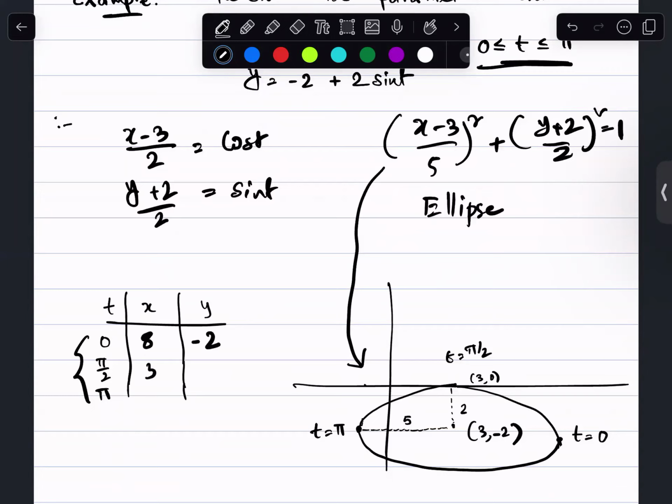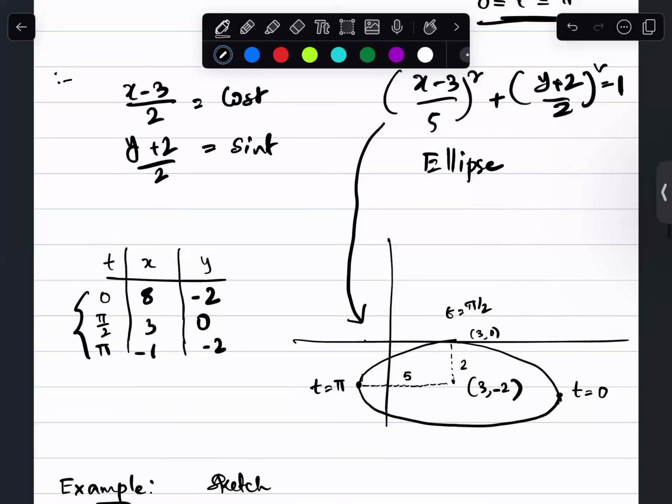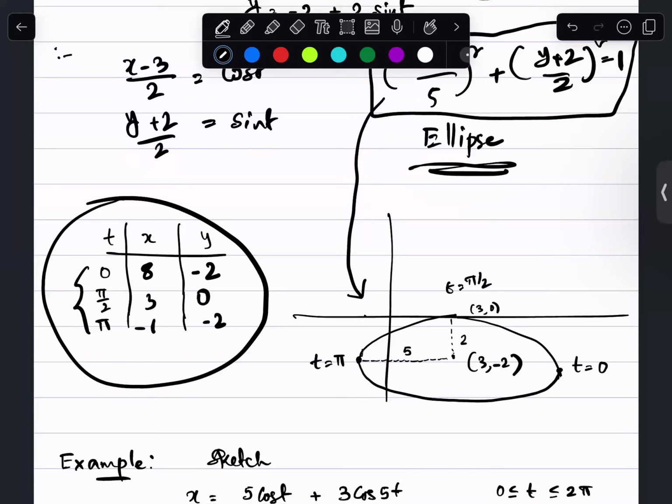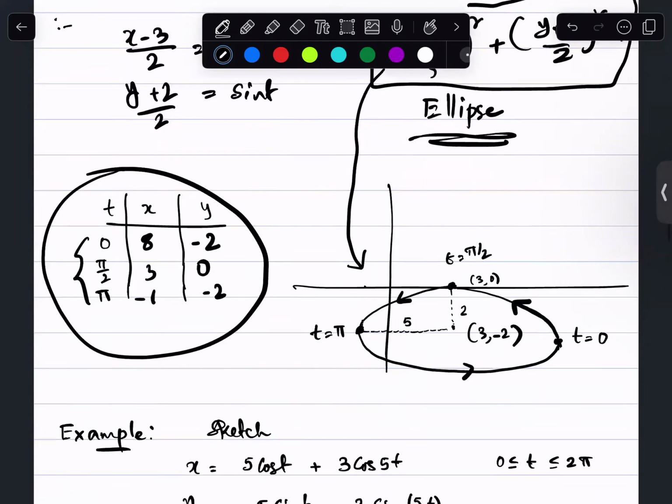At pi over 2, it will be 3, 0. And at pi, it will be minus 1, minus 2. If I draw the ellipse from this xy equation and also use this parametric information, then I'll get that at pi over 2, the particle will be here. At pi, it will be here, and 0 will be here. So it will move in this direction one time.